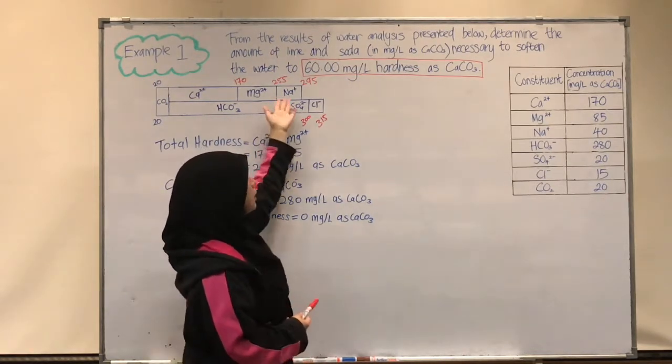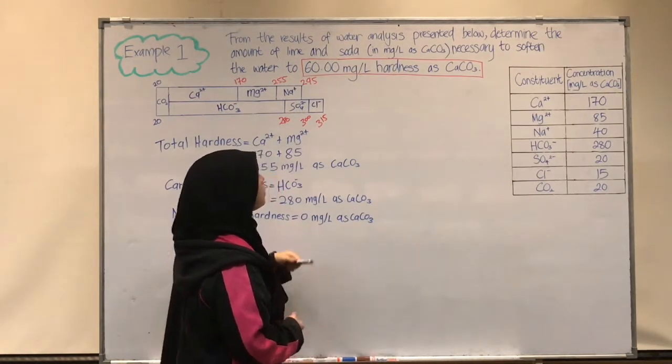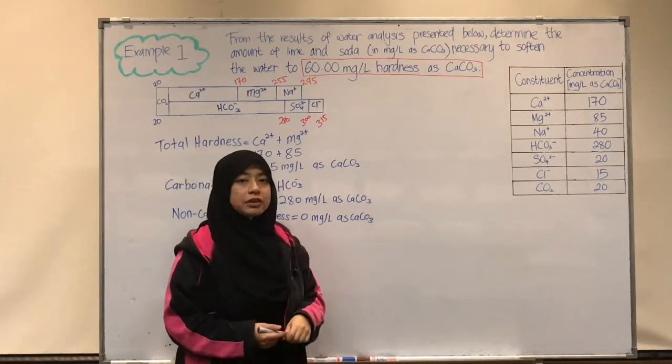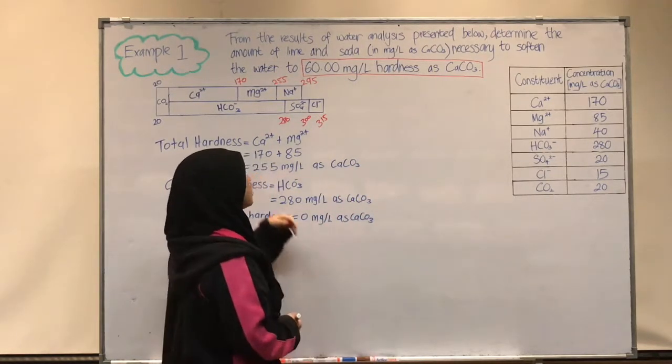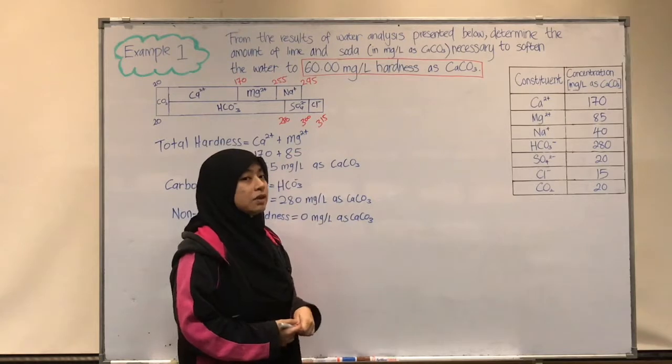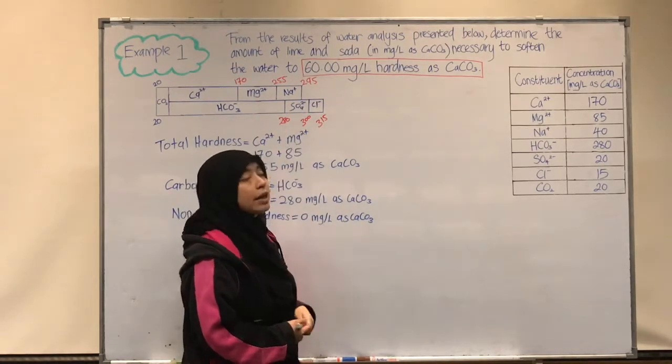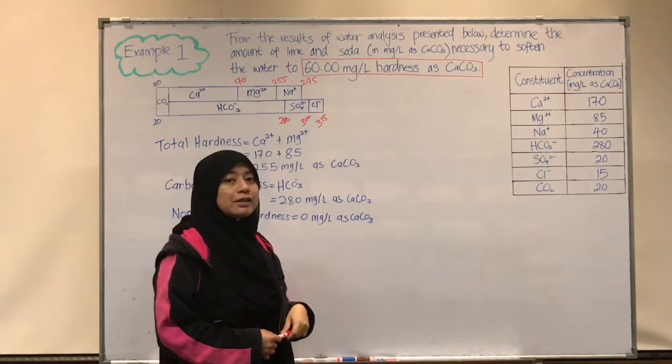Lastly, we have sodium for the positive ions. Sodium is listed as 40 milligrams per liter as calcium carbonate. Again, we add it to the previous value and get 295 milligrams per liter as calcium carbonate.